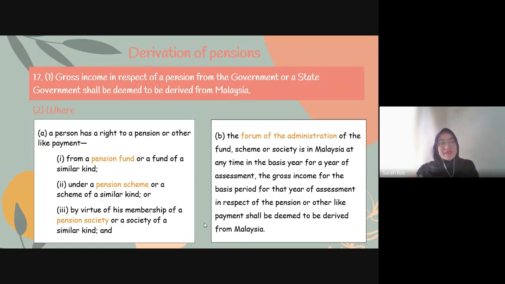And for section 17(2), where a person has a right to a pension or other like payment from a pension fund, pension scheme, or by virtue of his membership of a pension society or a society of a similar kind, and the fund, scheme or society is administered in Malaysia in any year of assessment, the gross income of the pension in that year shall be deemed to be derived from Malaysia.